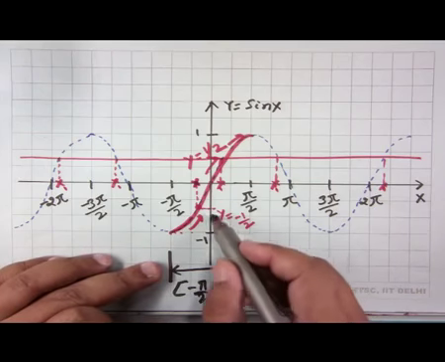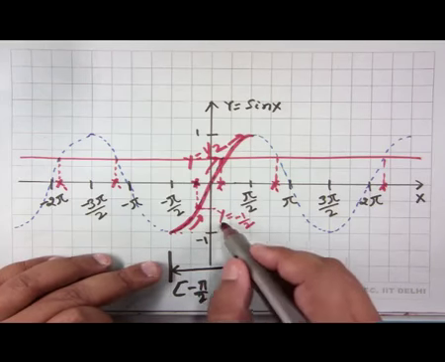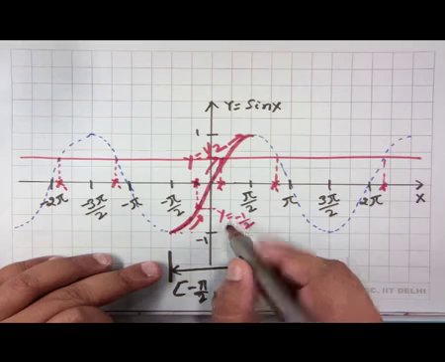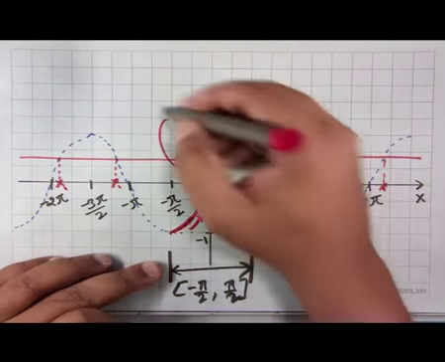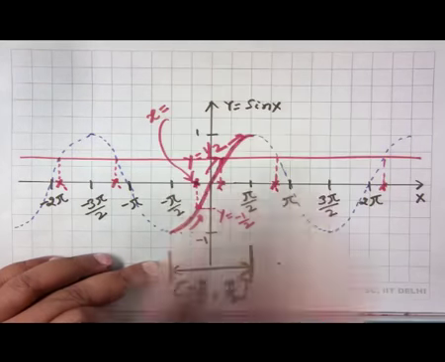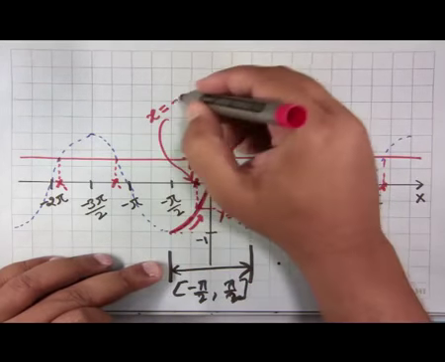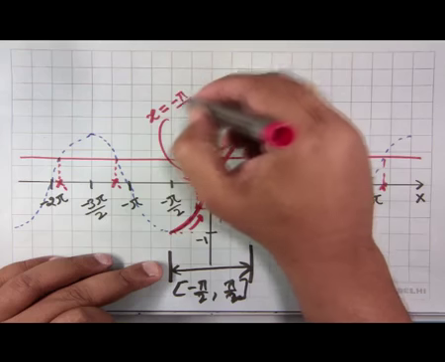So, for example, we see here that for y equal to -half, this value of x is equal to -30 degrees or -π/6.